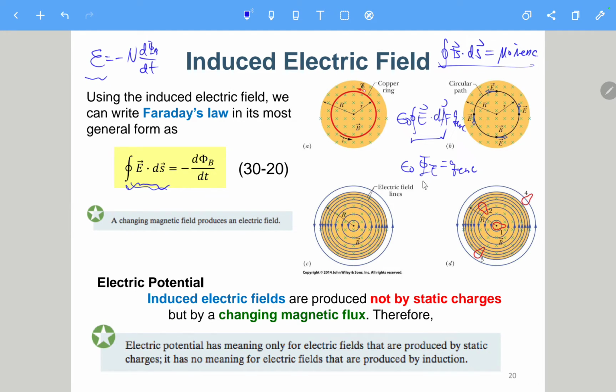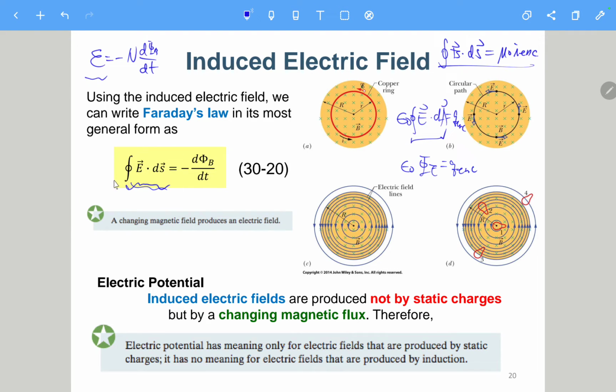Something like this one multiplied by this one is this one. Something like F equals MA, but this is not good to use, so we write out this phi E as a double integral. Here we also write the EMF as this one, and this is a line integral.